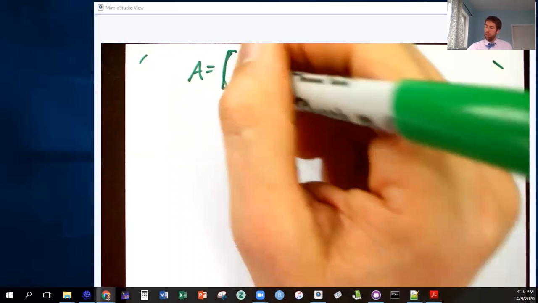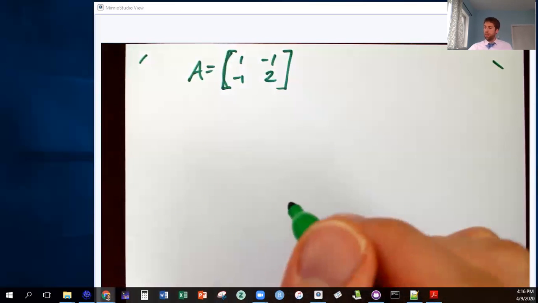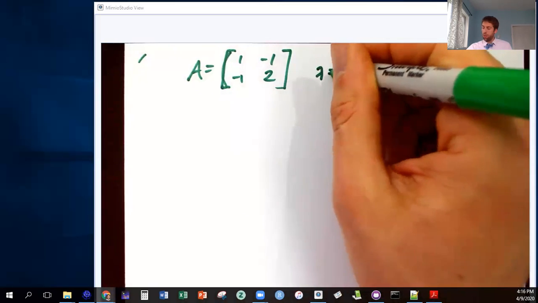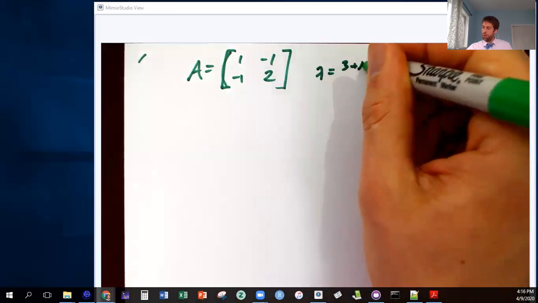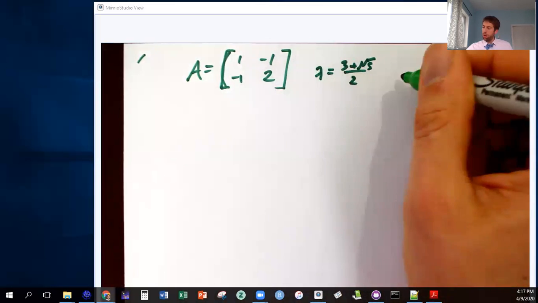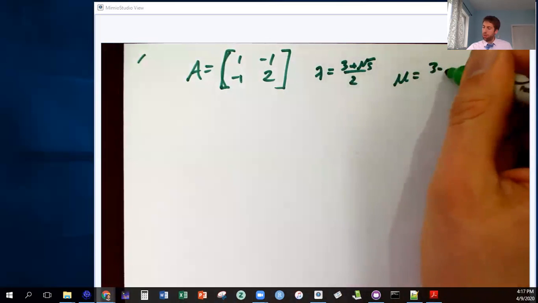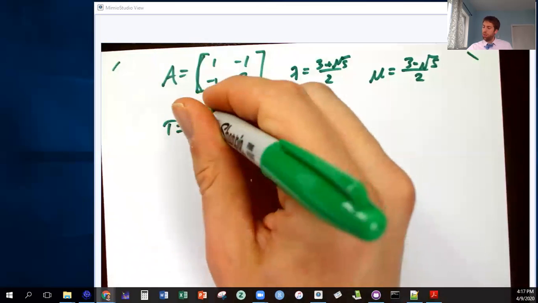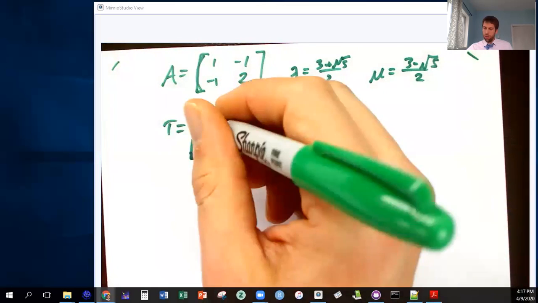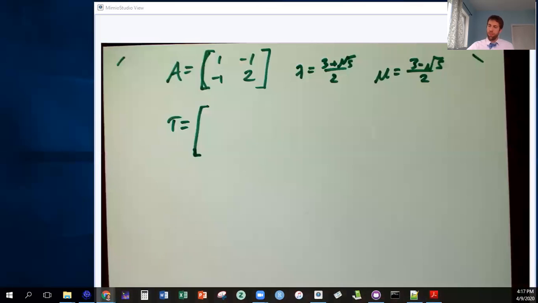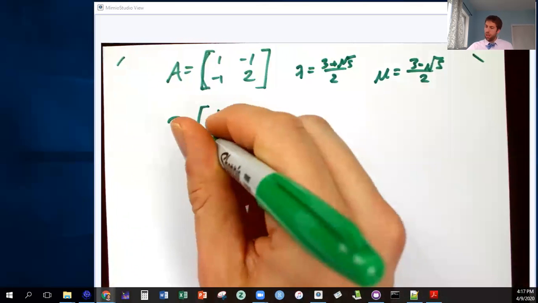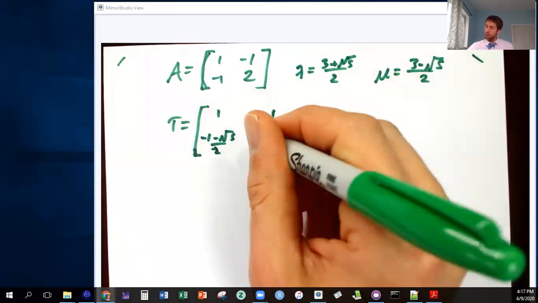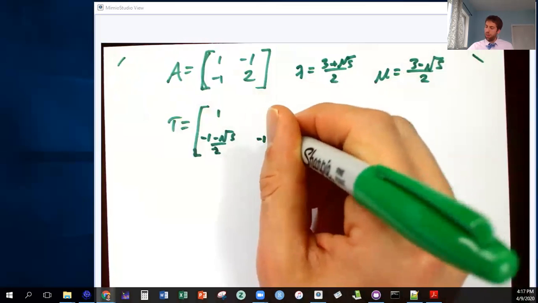And I found that lambda equals 3 plus square root of 5 all over 2, mu equals 3 minus square root of 5 over 2, and that T equals the eigenvectors 1, negative 1 minus square root of 5 over 2, and 1, negative 1 plus square root of 5 over 2.